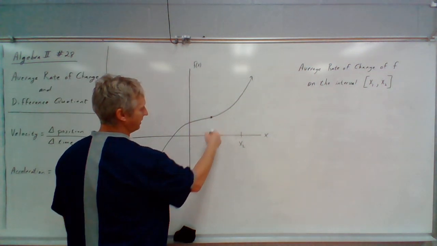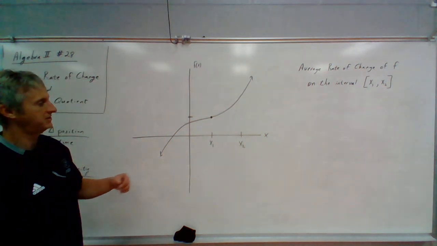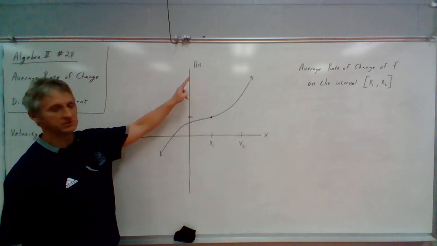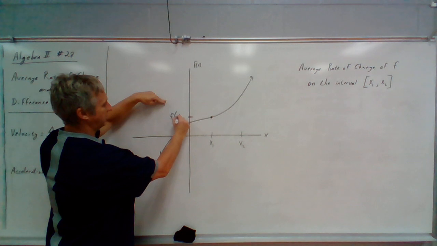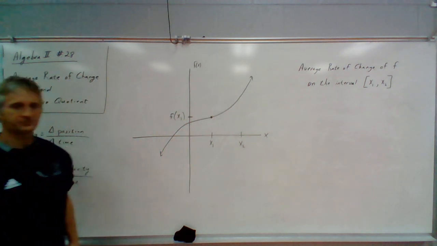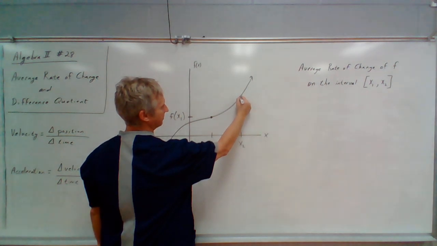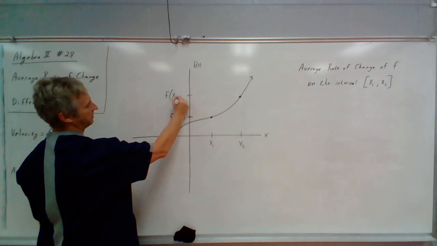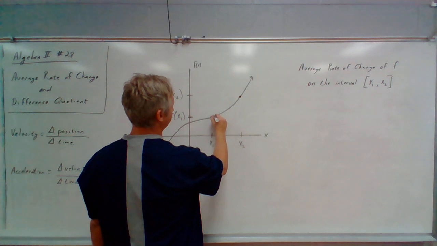So if this is x1, what would this y value be? To find the y value, you just plug this number into x. So this would be f of x1. If this is x2, then this point would be f of x2. I'm going to draw the secant line.